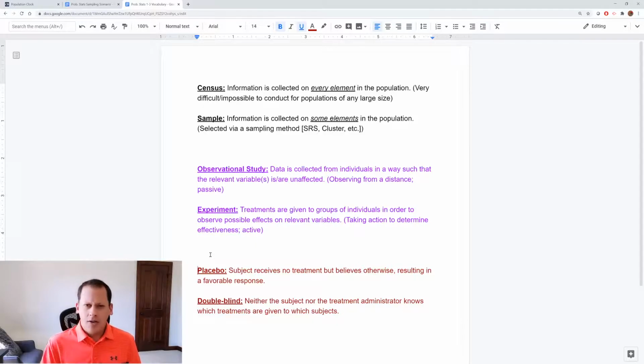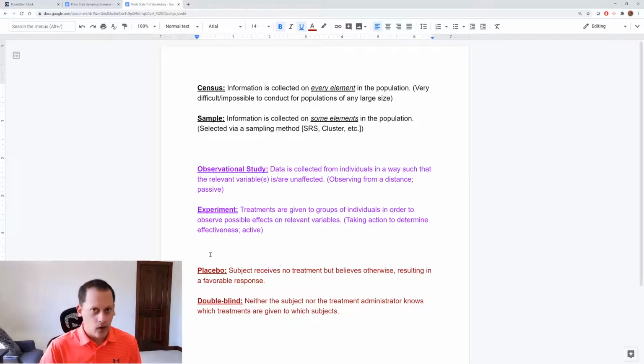Why don't we want the doctor to know? Because the doctor could subconsciously, if he or she knows that a treatment is the real deal or the placebo, they might subconsciously act differently. Like if someone's getting the drug, they might kind of coach them towards things that will make them lose more weight. Who knows, right? If they're getting the placebo, they might be like, here, take this.